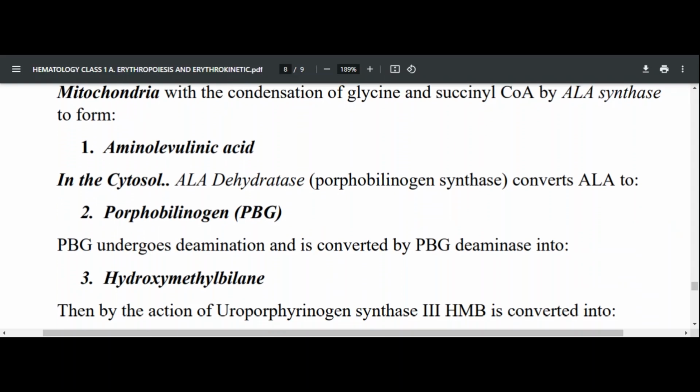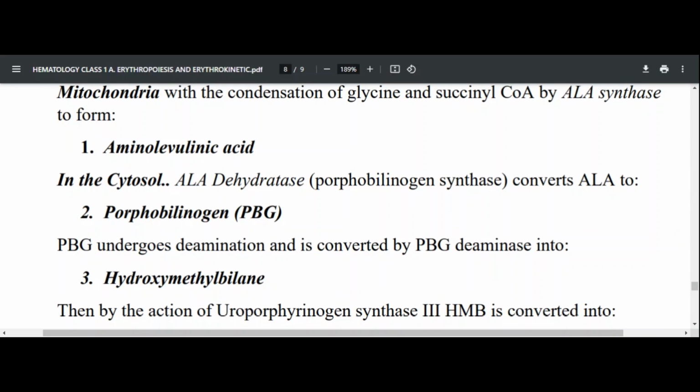Aminolevulinic acid then migrates from mitochondria into the cytoplasm or cytosol, and in the cytosol, aminolevulinic acid will be converted immediately by porphobilinogen synthase, and it will become porphobilinogen. So porphobilinogen will be the second molecule from aminolevulinic acid in the cytoplasm.